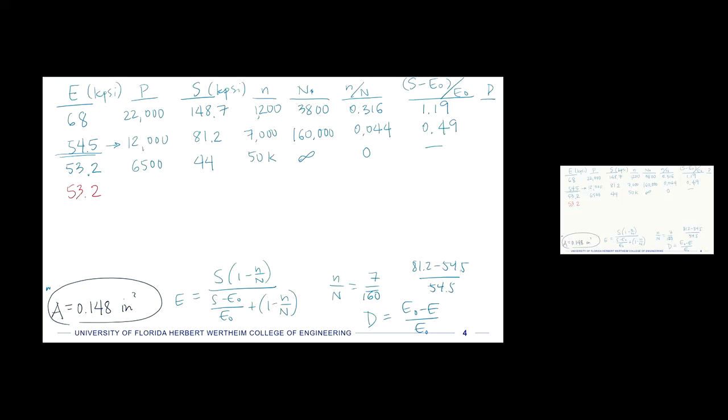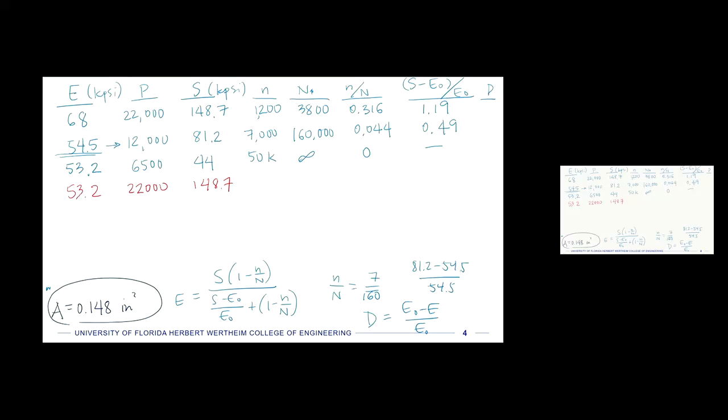Now we apply the highest stress again. So we have a load 22,000, right? This would be 148.7. Okay. And we'll have the same... now we have a modified endurance limit and the whole curve is shifted down, okay?